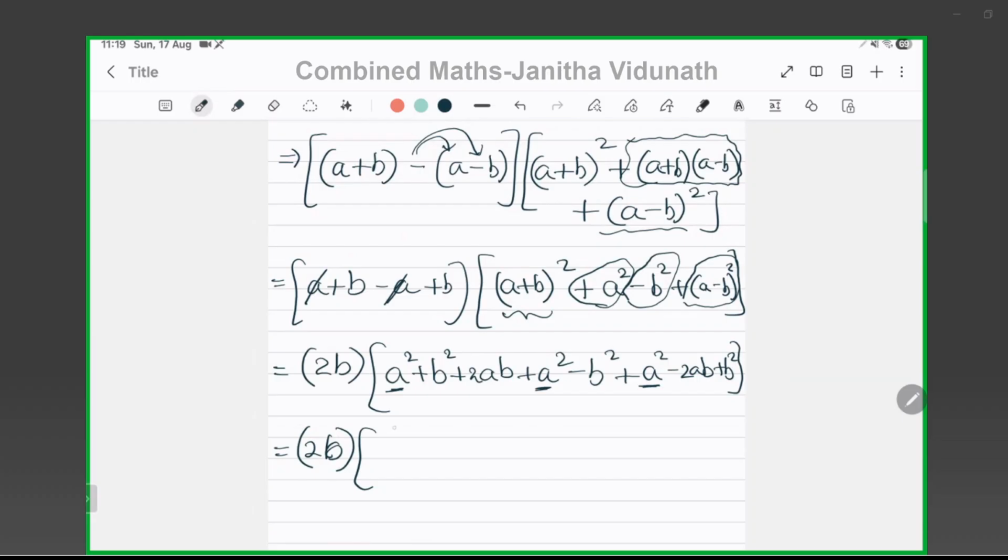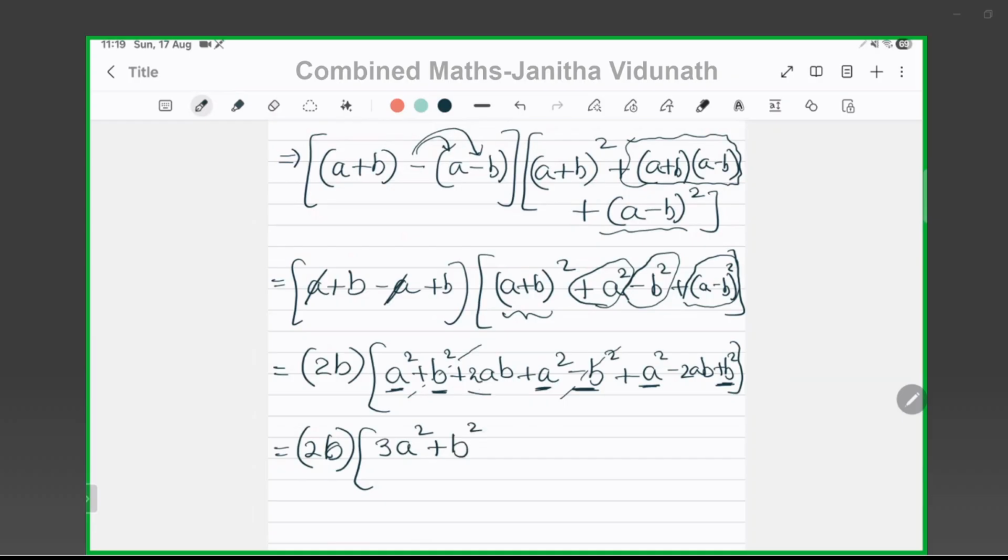Then finally we get 3 times the a square term. Here we get a b square term, here we get a minus b square term. Then simply these two terms cancel out, but there is a remaining b square term. Then we have another b square term.